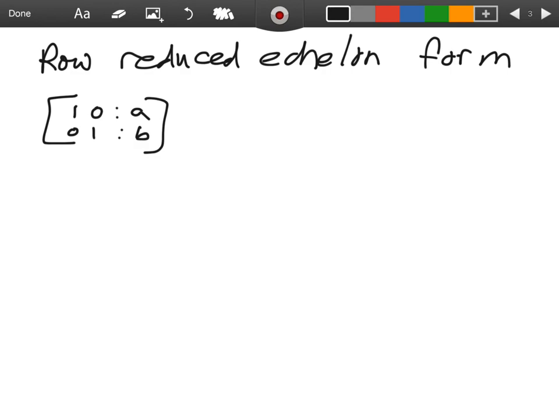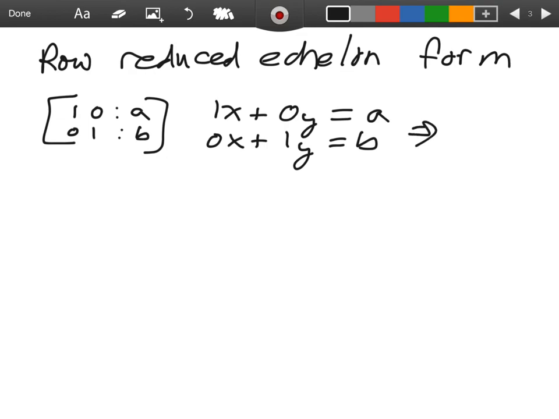Basically what this says, if we convert it back to a system, is 1x plus 0y equals some number, and 0x plus 1y equals some number. We don't have to write out all that. We can just look at it and say x equals a and y equals b.